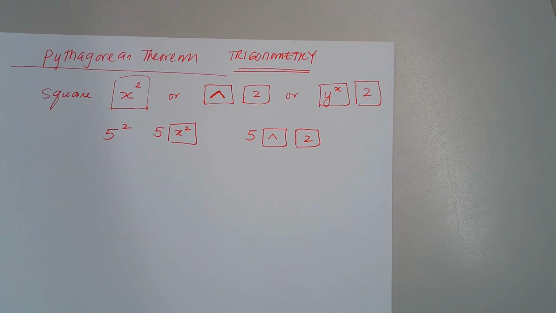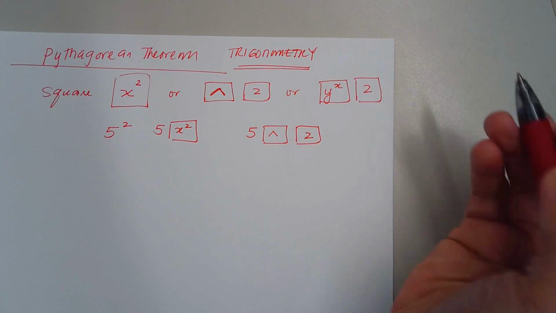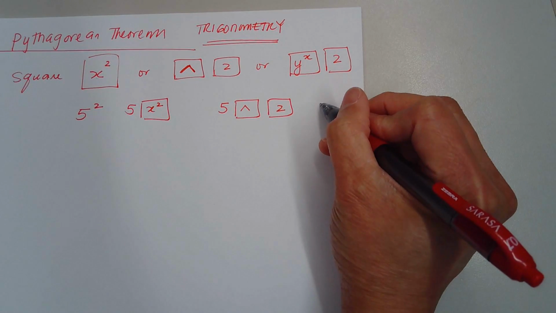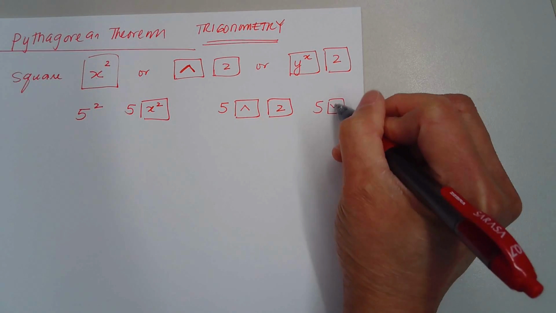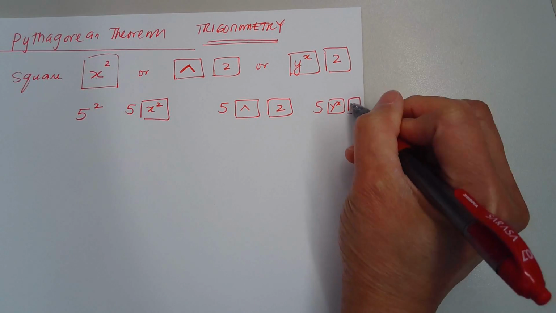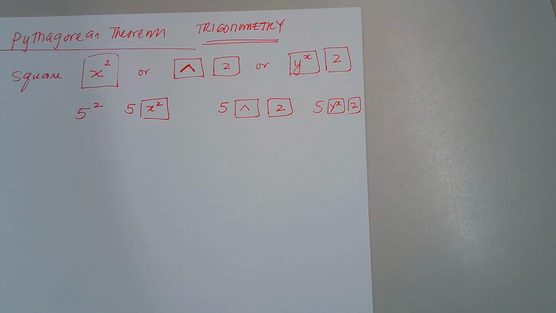Or if you have the y to the x button, you can go 5, y to the x, and then 2. All of you have different calculators, but you would get 25. Then press enter, equals 25. Did everybody get 25? Good.